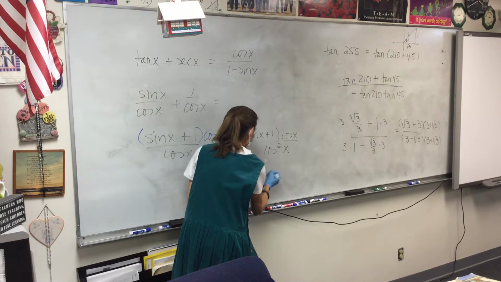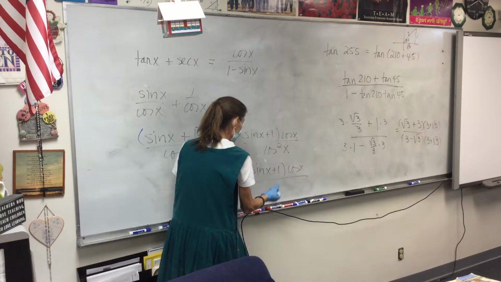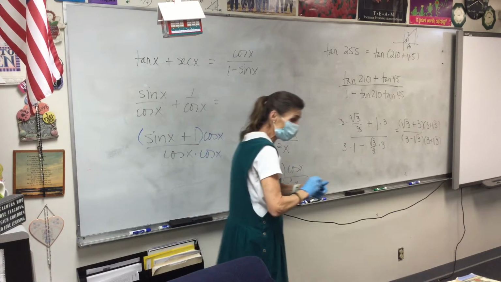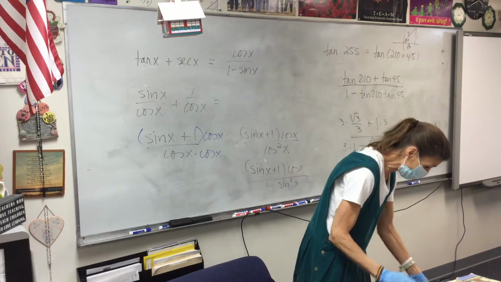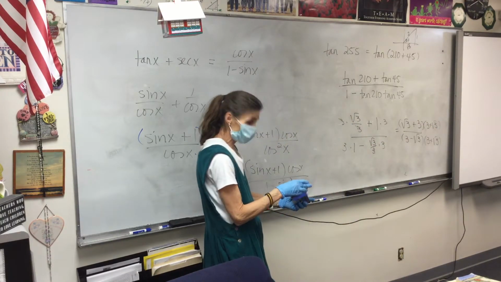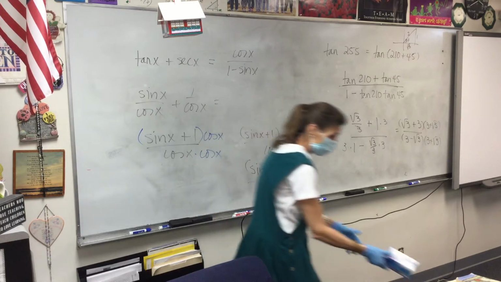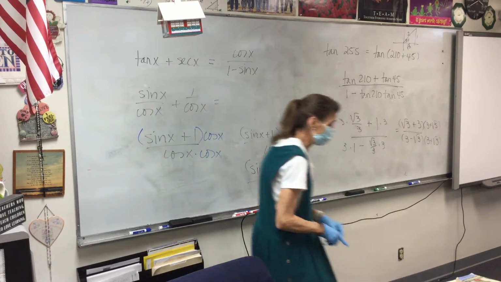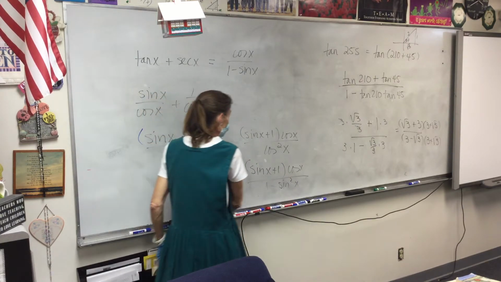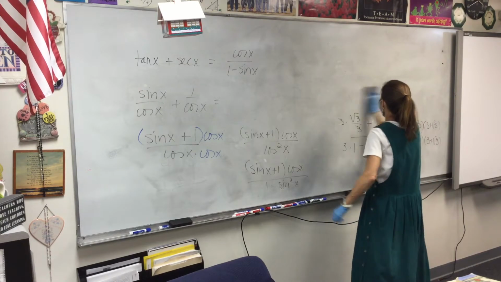So now I'll have sine plus 1 times cosine over 1 minus sine squared. That's what cosine squared is, right? Now, kids, what are you going to do with that denominator? Factor it as the difference of squares.